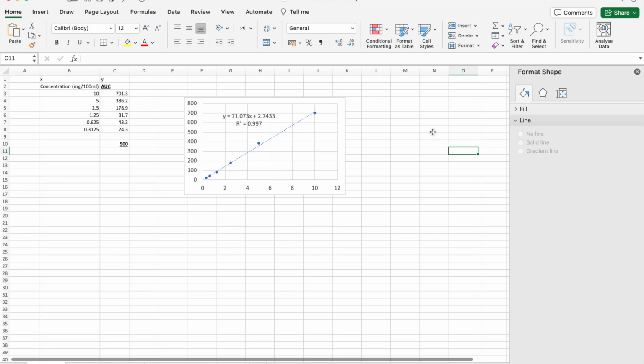Certainly in your experiments, as you move through the pharmacy program, if you find that your R squared value is lower than 0.9, then I would start to be asking questions. Maybe you made an error when you were preparing your solutions of known concentration, or maybe you made an error in the measurement of whatever value it is.